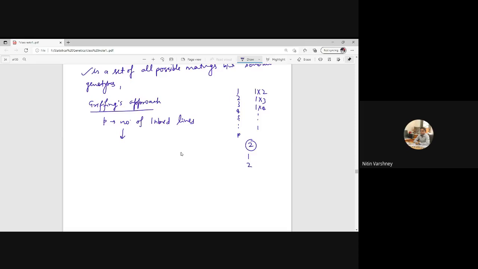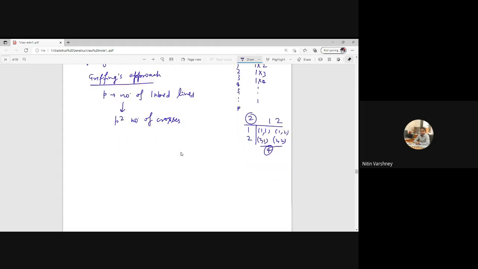There will be P square number of total crosses. See here, 1 and 2 are there, and 1 and 2 are there. So the crosses will be 1 comma 1, 1 comma 2, 2 comma 1 and 2 comma 2. So these are 4 crosses. So if P inbred lines are there, the total number of crosses will be P square.